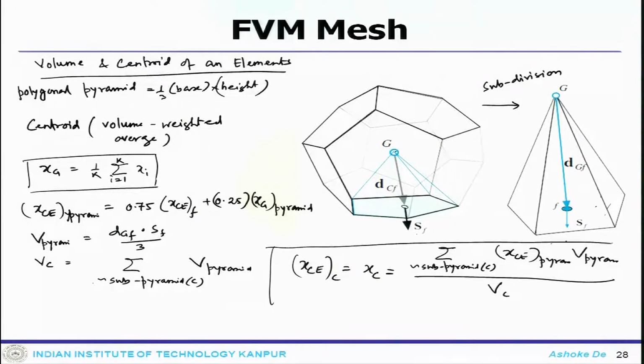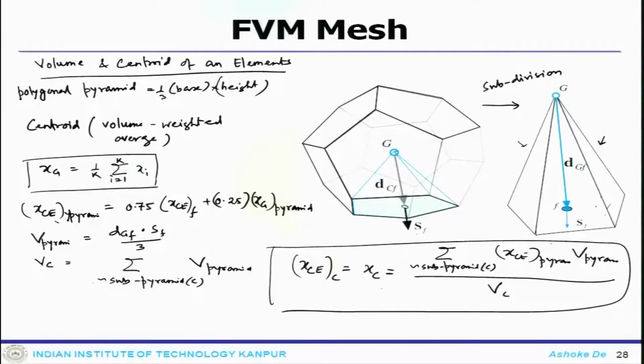So, it is a volume weighted average. That means, if I have multiple sub pyramids, I get the volume of each pyramid, I get the centroid of each, and then get the volume weighted average to get the centroid of the polygon.